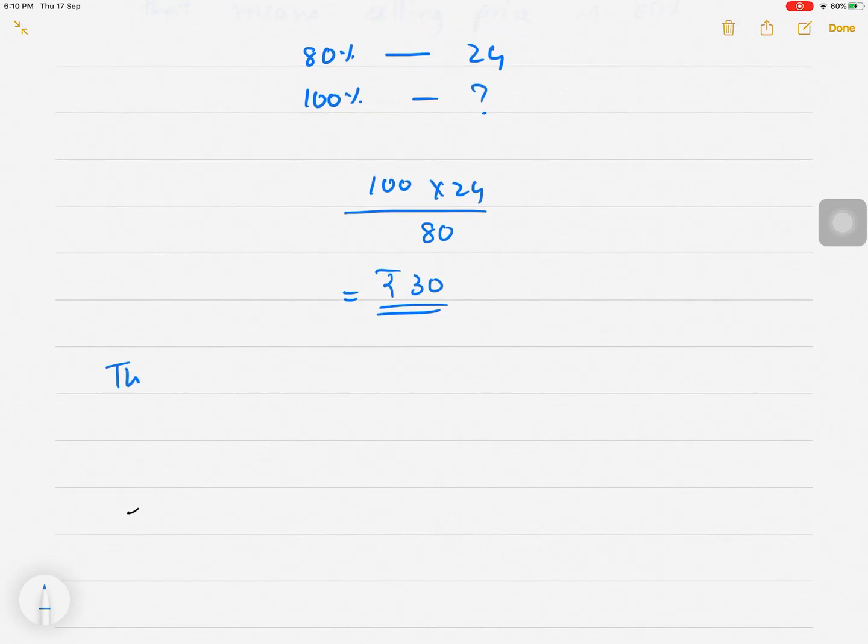So you can write the usual price of the pen is rupees 30.